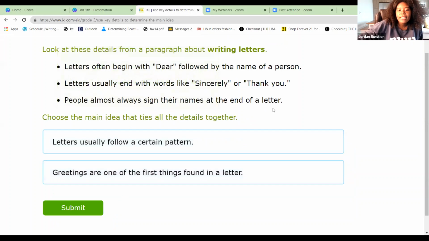Okay. Here's another one. This paragraph is about writing letters. So you can type 1 or 2 when you've picked the main idea.